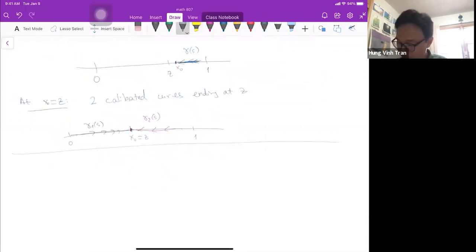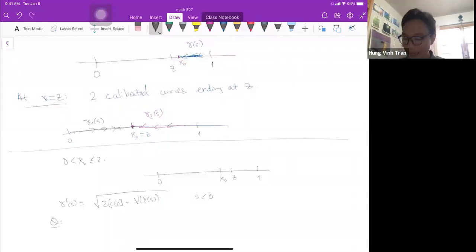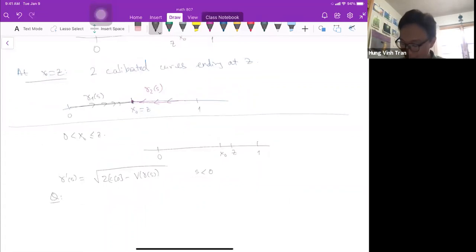So the last magic point. I have, let's say, 0 less than x naught less than or equal to z. So 0, x naught here, z, 1, and I have gamma prime of s equals root of 2 c naught minus v of gamma s for s less than 0, right? So then the question is exactly the normal question that we would ask in dynamics: what is the behavior of gamma s as s goes to minus infinity?